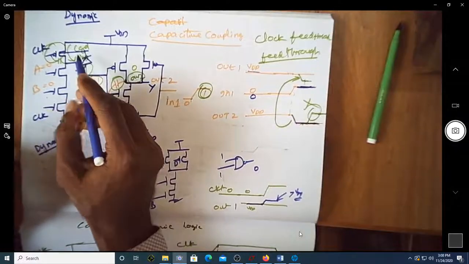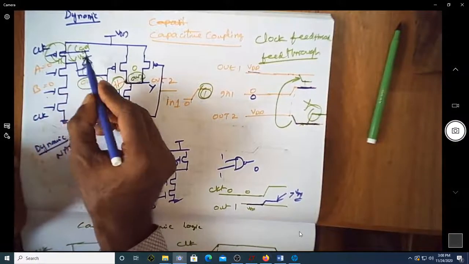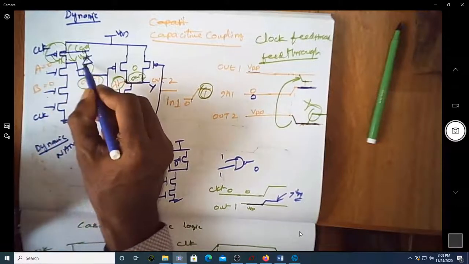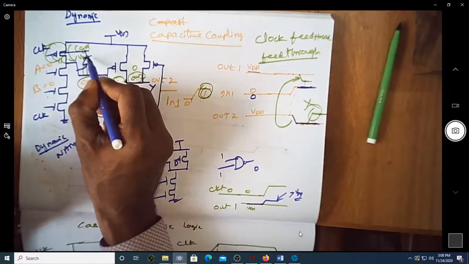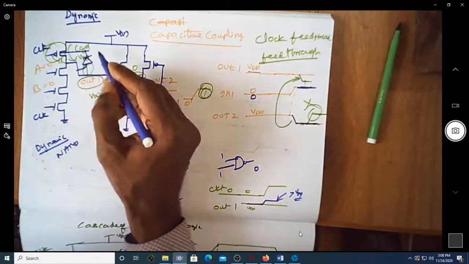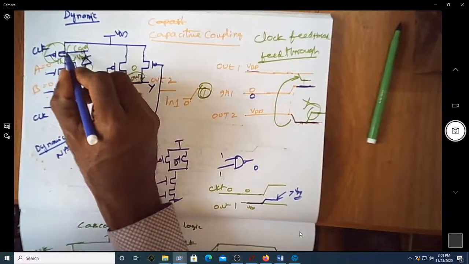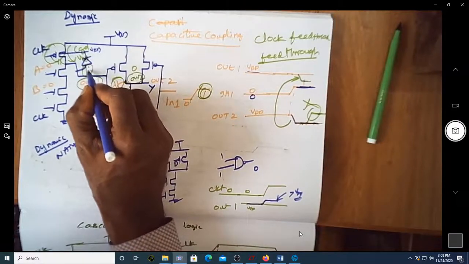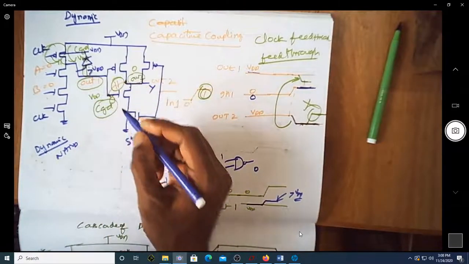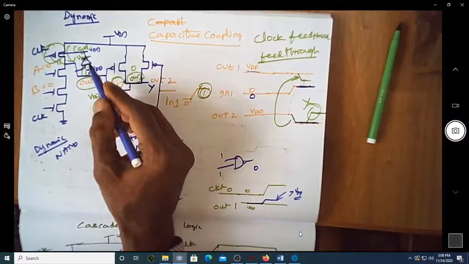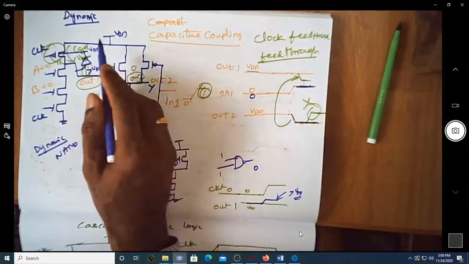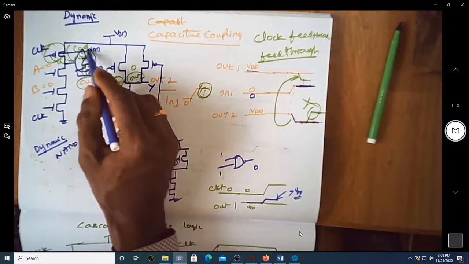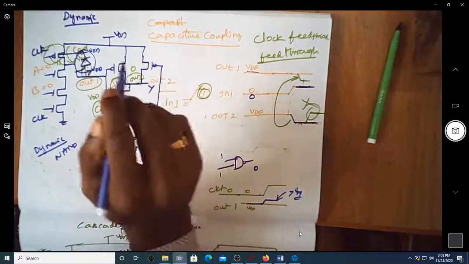Now we can see there is a parasitic diode existing between the drain of this and bulk. The drain of a PMOS is P type and the bulk of a PMOS is N type. The bulk is connected to VDD. If the voltage here becomes greater than VDD, the P type is at a higher potential than the N type, so instead of being reverse biased, it has become forward biased.